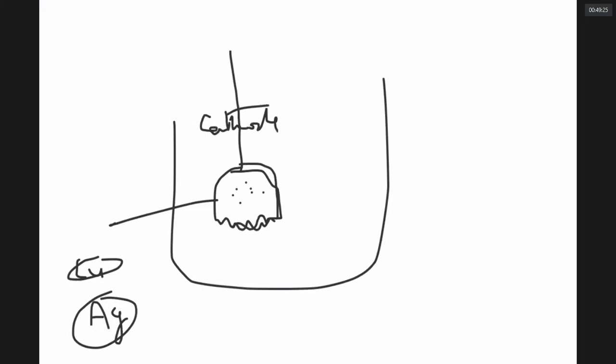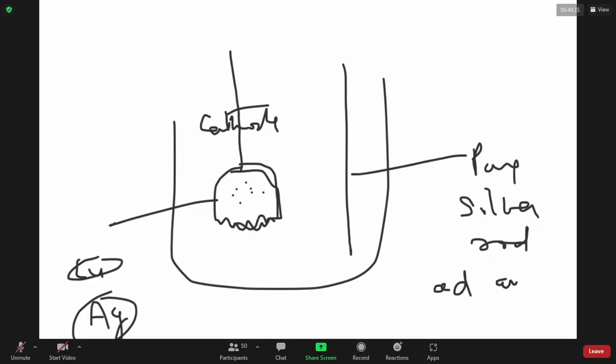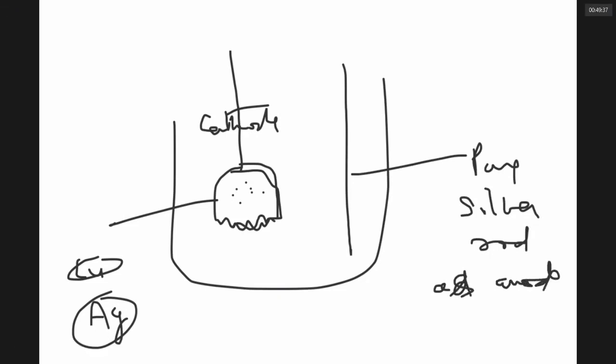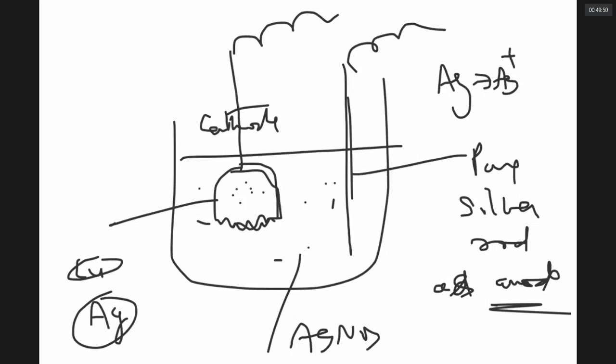Now take pure silver rod as anode. Connect these two. Here put silver nitrate solution. Always at anode, if you take silver, silver will lose electrons and dissolve. The same silver will go to cathode, there Ag plus will take electron to become silver.